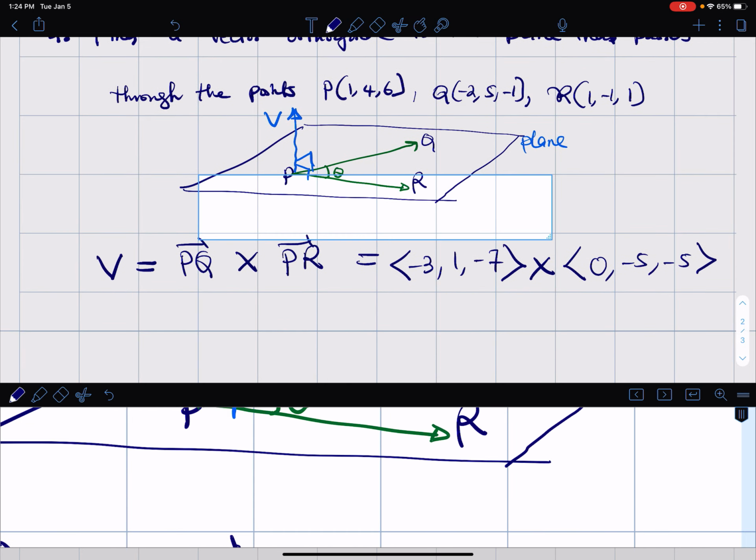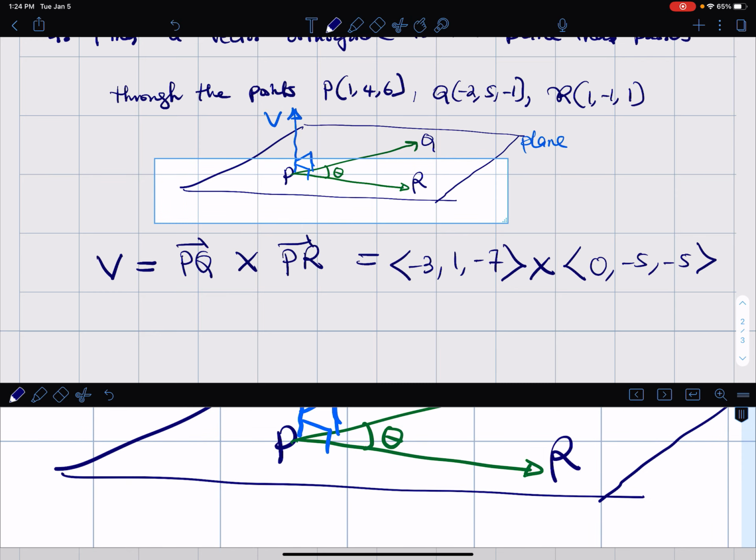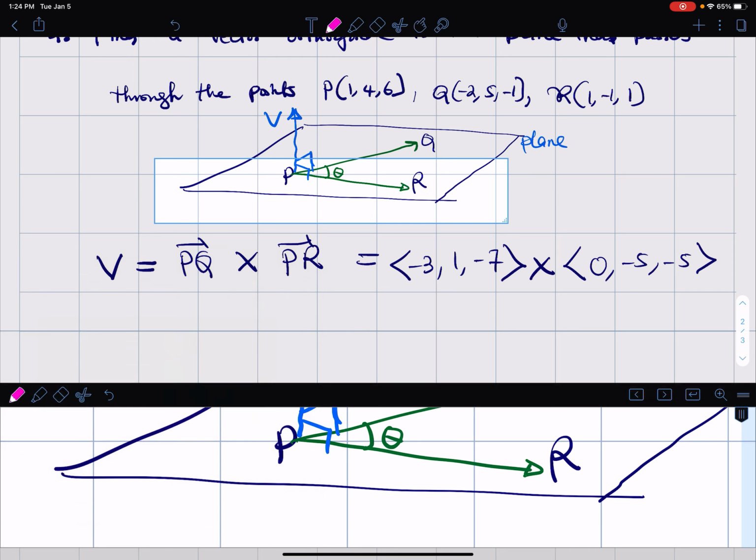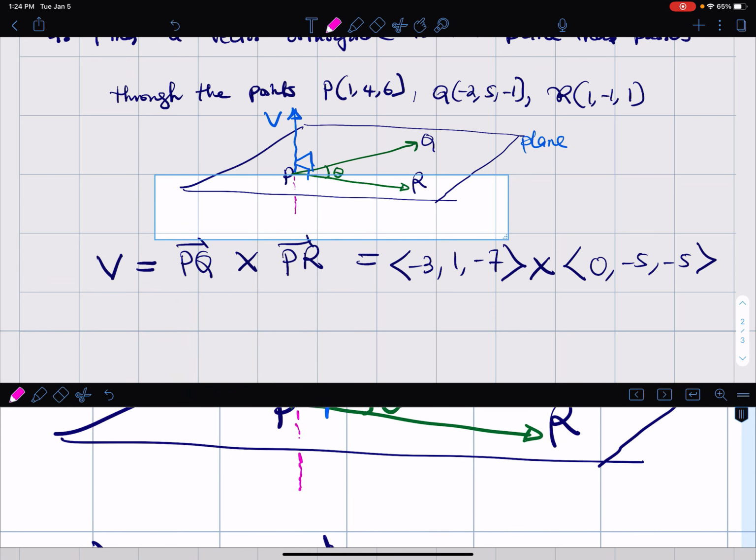All right. Before I proceed, I want to point out that in this particular problem, you can also do PR cross PQ. So this would be -V. -V will be PR cross PQ. Okay?